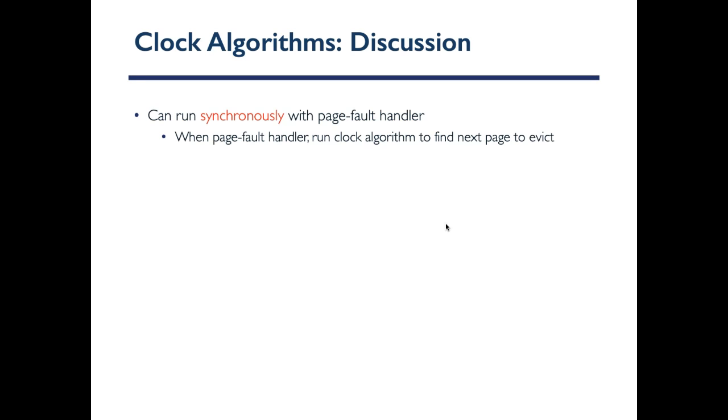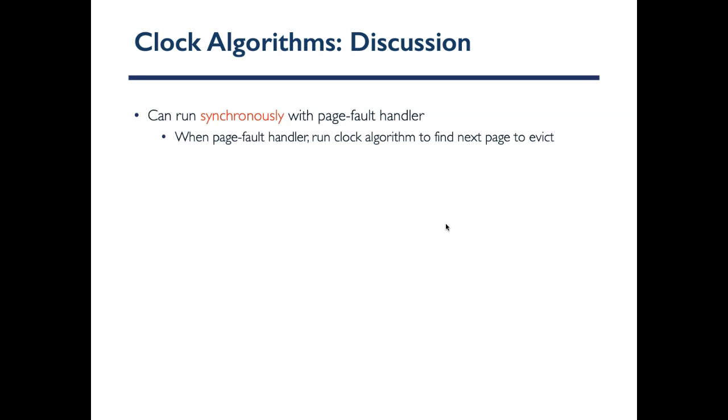So now if you want to actually implement the clock algorithm in your operating system, you have 2 options. One is to run your clock algorithm synchronously with the page fault handler. So every time that a page fault happens, you run your clock algorithm to find a page to be evicted, which is basically what I talked about so far.